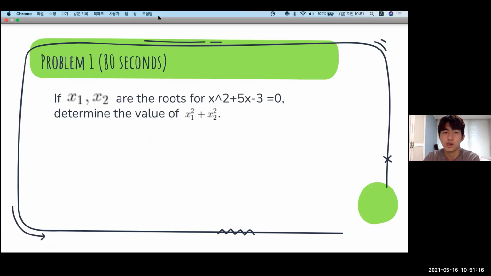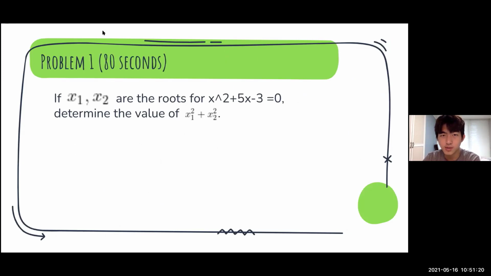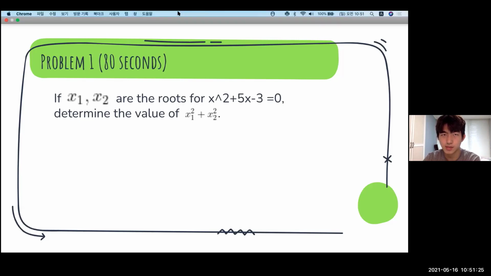Okay, so let's dive into the problems again. I'll give you guys 80 seconds for this one. If you got the answer, you can text me what you got. Yeah, so you've got 80 seconds now.